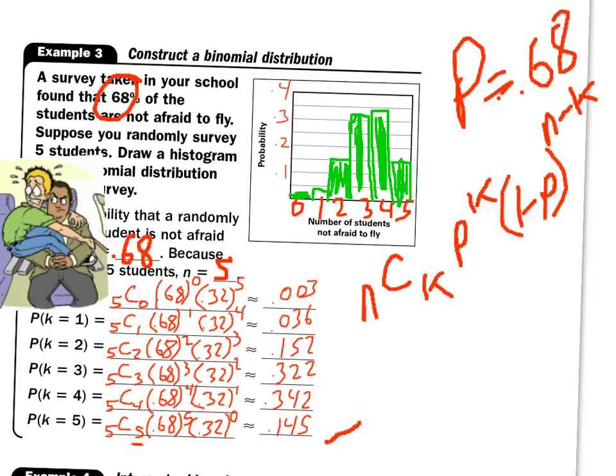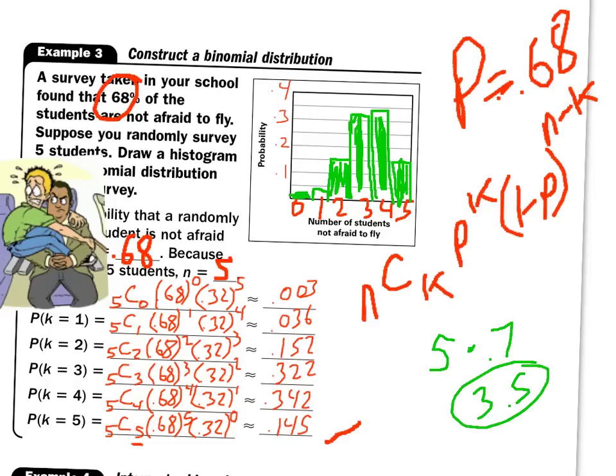Okay, so first of all, some things. A skewed graph, right? Certainly not going to be a symmetrical graph. And some things that I could expect. If 68% of my people say that they're not afraid to fly, then I could expect that 5 times 0.7, which is essentially 68%, is 3.5.